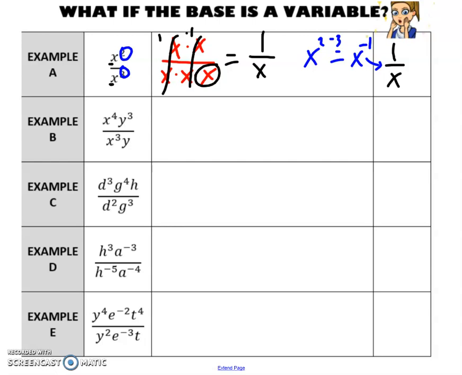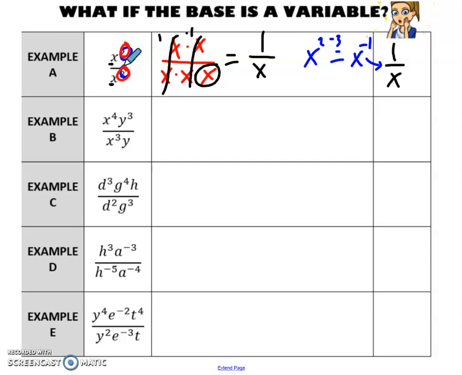Your base is going to end up wherever you have the higher exponent. In our first example, we have squared and cubed. Cubed was larger, so we ended up with x in the denominator. So keep that in mind.